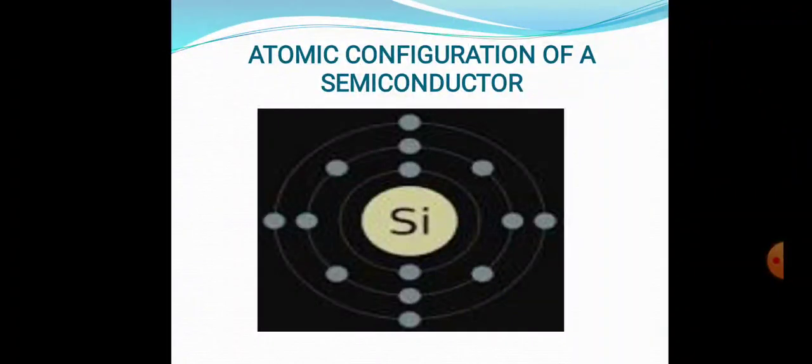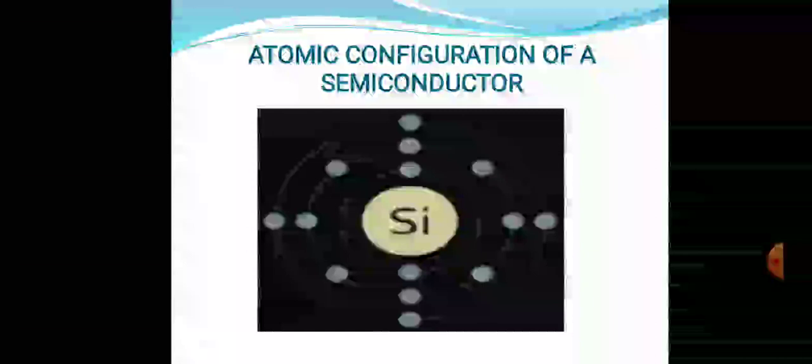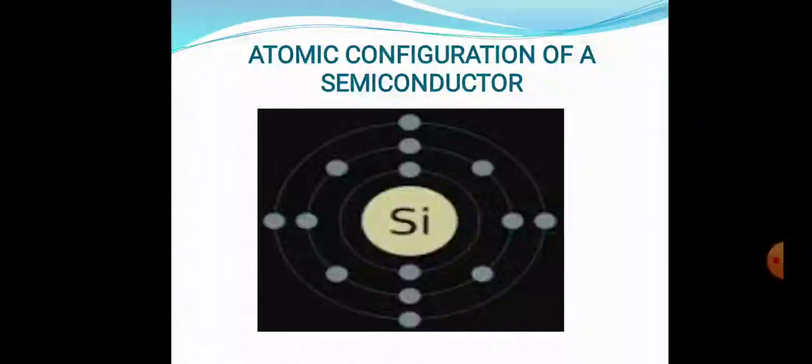In the conductor, as I said already, the conductivity totally depends upon the number of free electrons, whereas in the semiconductor, the conductivity is the sum of the conductivity of electrons and the conductivity of holes.